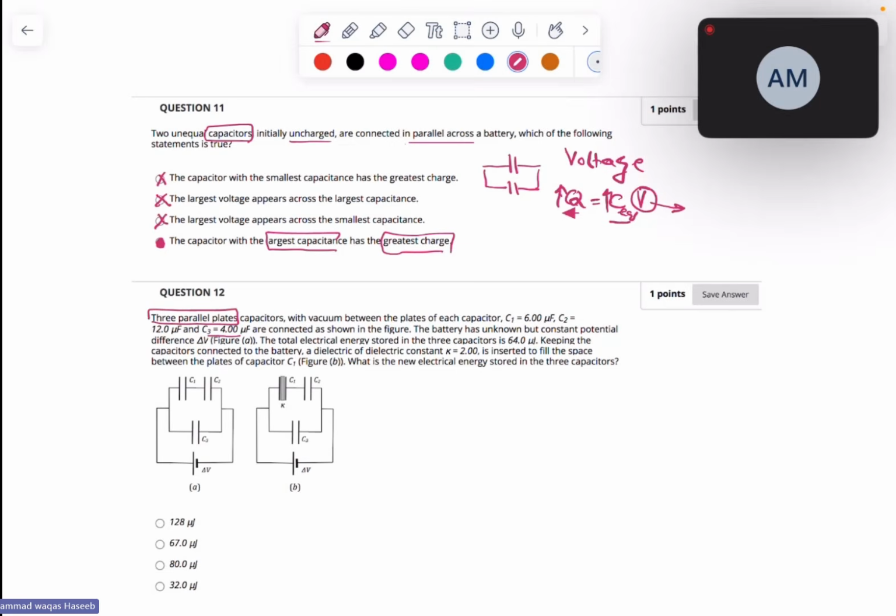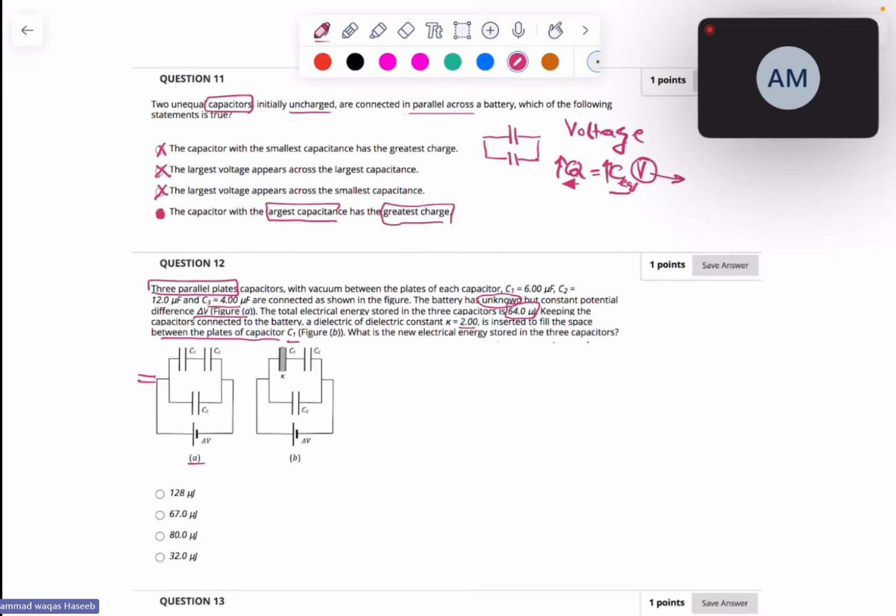This is figure A. The battery has an unknown constant potential. The total energy stored in the three capacitors in figure A is given. Keeping the capacitors connected to the battery, a dielectric of constant K is inserted to fill the space between the plates of C1. What is the new electrical energy stored in the three capacitors?